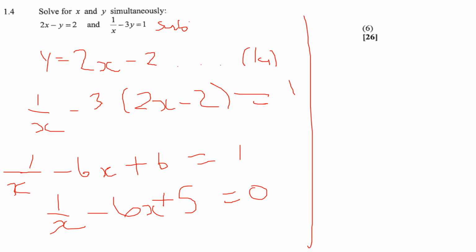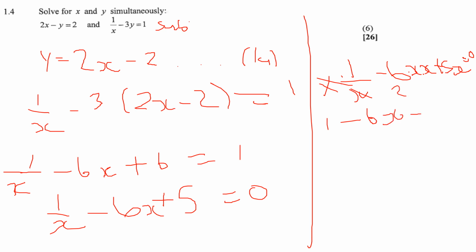So we multiply everything by x: 1 over x multiplied by x, then negative 6x multiplied by x, and then 5 multiplied by x equals 0. Therefore this x will cancel out here, and we will be left with 1, minus 6x squared, plus 5x, equals 0.